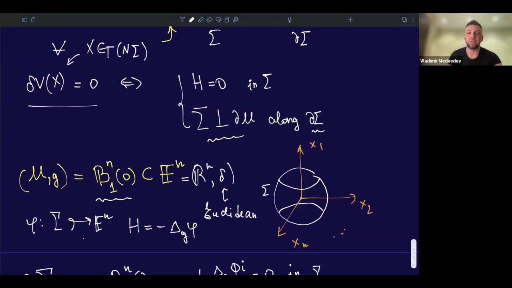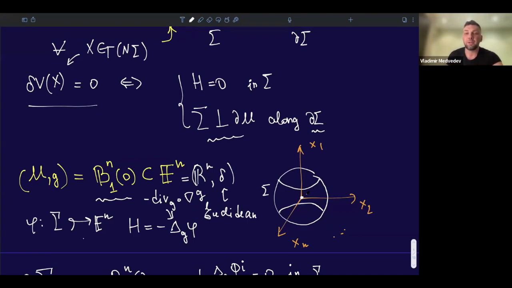The position vector coincides with the image of Sigma, so it means that it is Delta_g of phi. By the way, for me, the Laplacian is nothing but the divergence composed with the gradient. And the picture is like this.